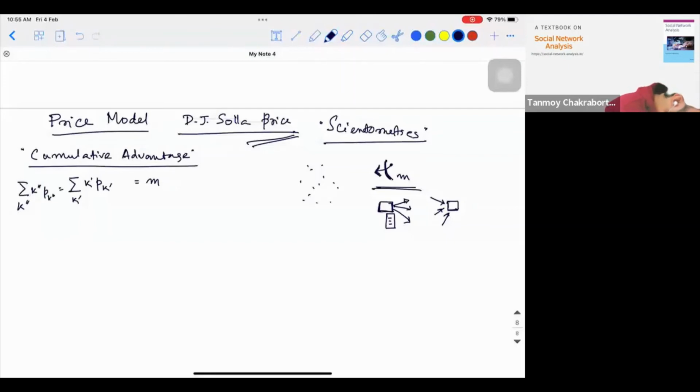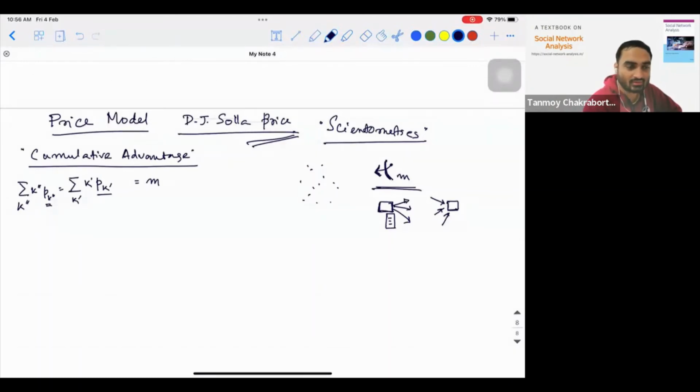So let's say pk dash is the probability of a node with in degree k dash, and pk double dash is the probability of a node with out degree k double dash, right? So the sum of in degree and the sum of out degree would always be the same, because this is just 2 into the number of edges, or number of pages, because this is a directed graph, right?